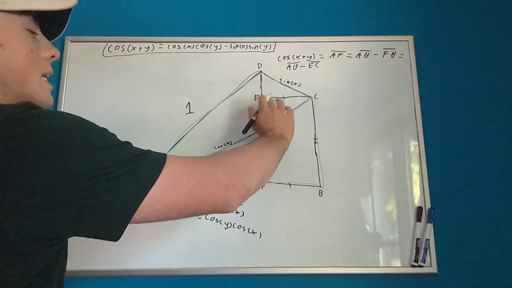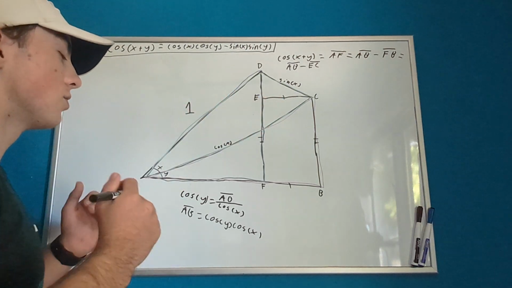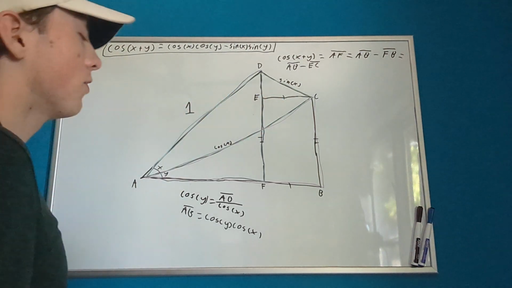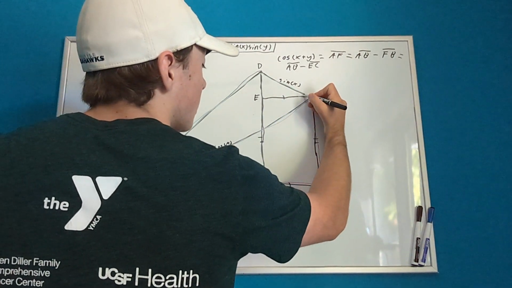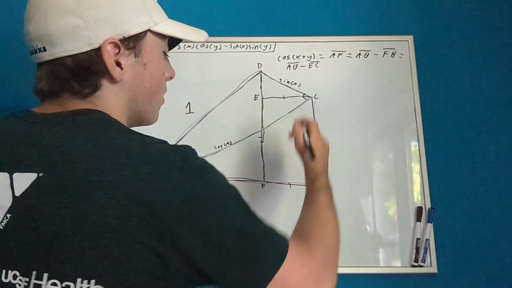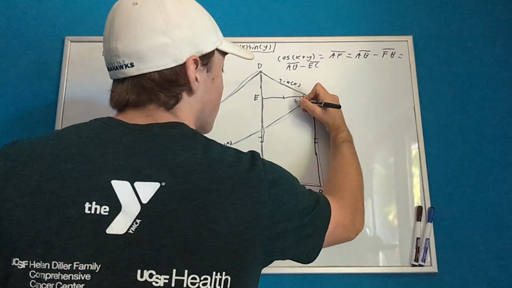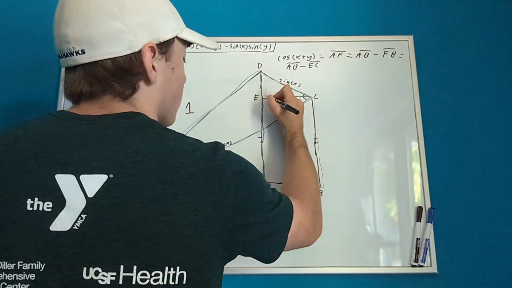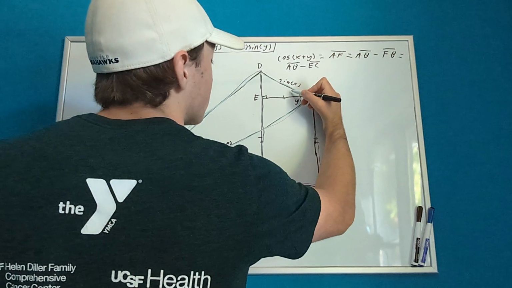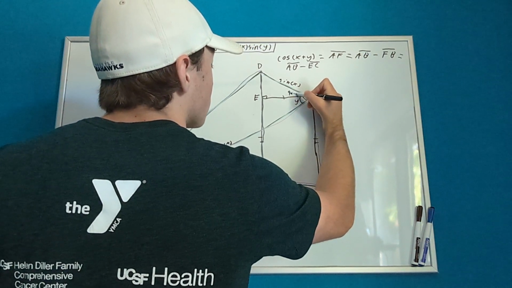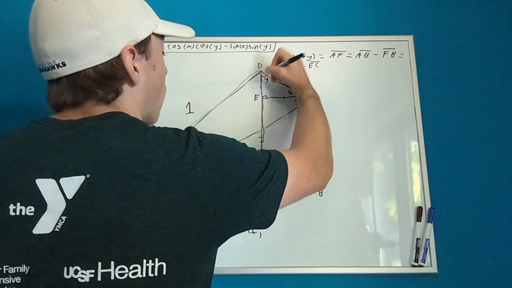Then we want to focus on EC. How can we find what that is? Just through geometry, which hopefully you remember from your geometry class. This angle over here is a right angle. I forgot to specify that. This bit of the angle is equal to y, and sorry, this is also a right angle, so this angle is equal to 90 minus y. And then this angle up here must also be equal to y.